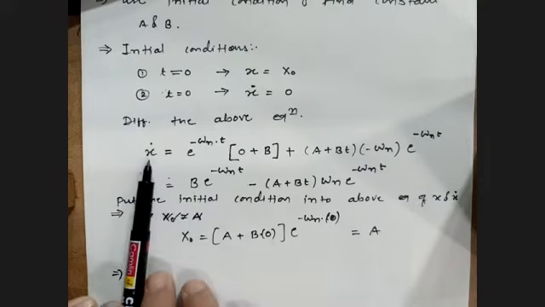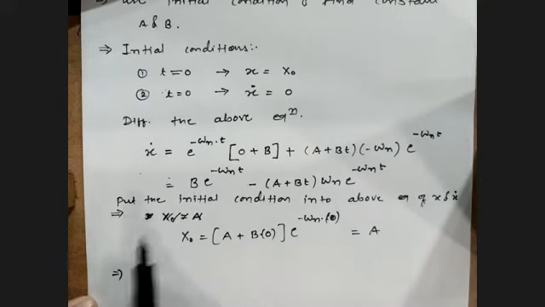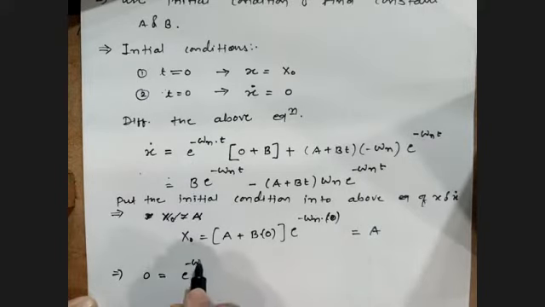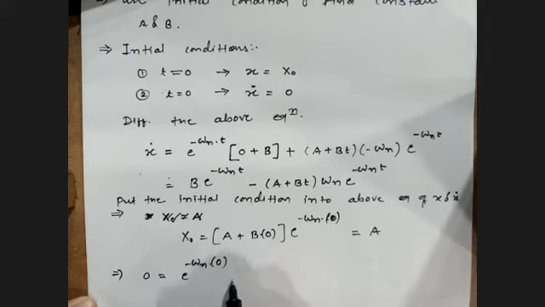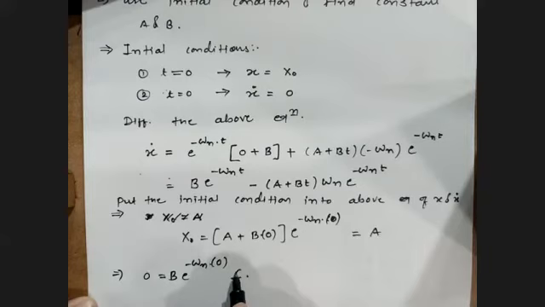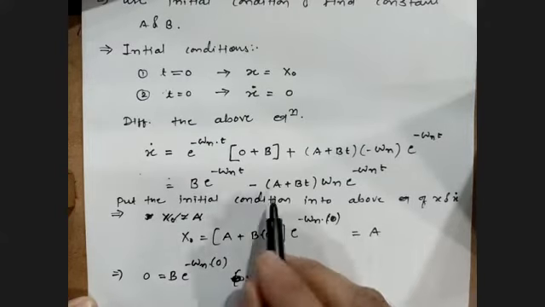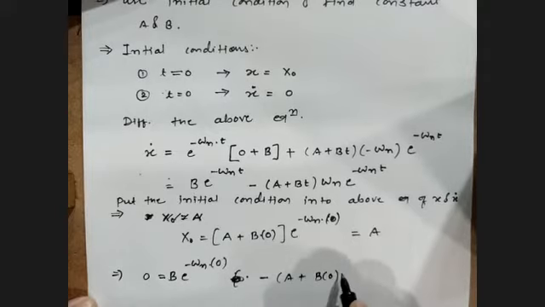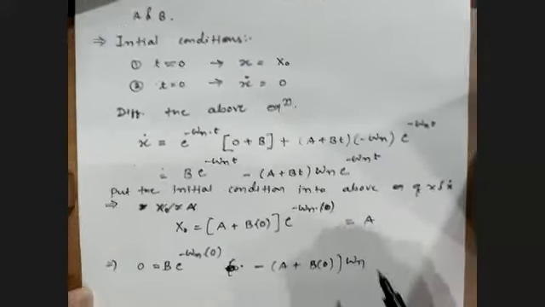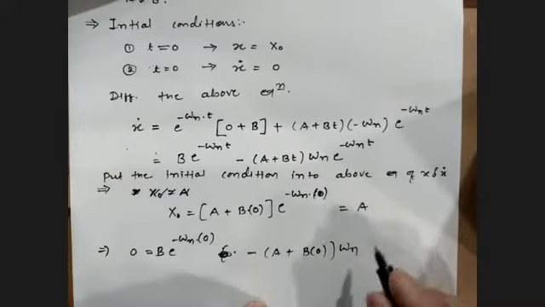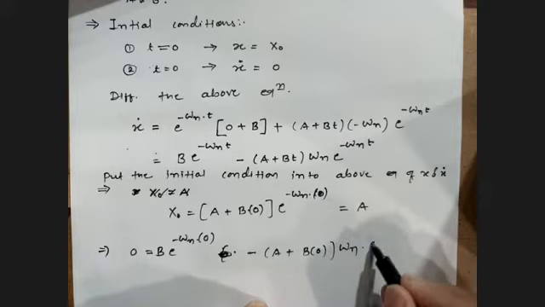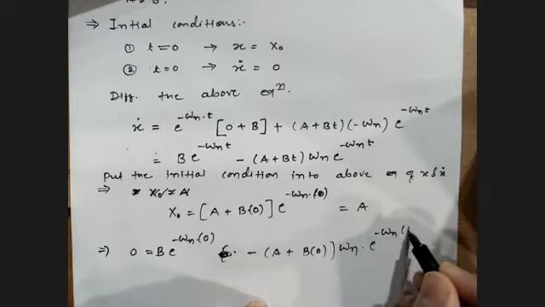So put that into this equation. x dot is 0, so let's put 0 here. e to the power of minus omega n into 0, into b, minus a, plus b into 0, omega n, into e to the power of minus omega n into 0.